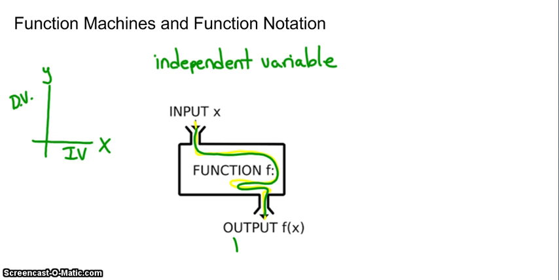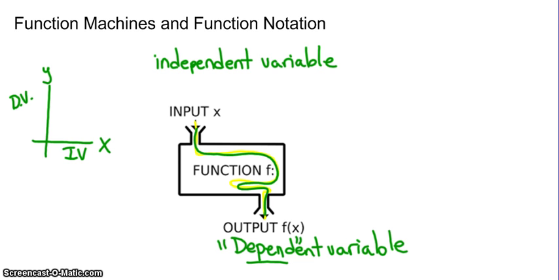So that's going to give you your dependent variable. You can think of it this way. The dependent variable depends on whatever the input is, or your independent variable. So it makes sense that it would come after it goes through the function because it depends. See, it even has the word depends there. It depends on it, right?